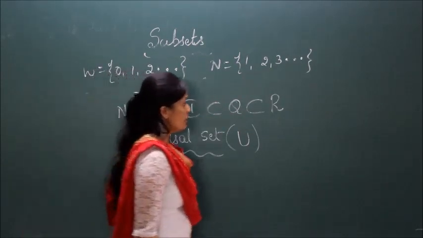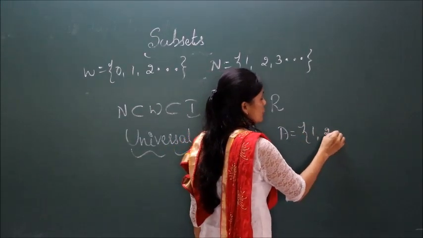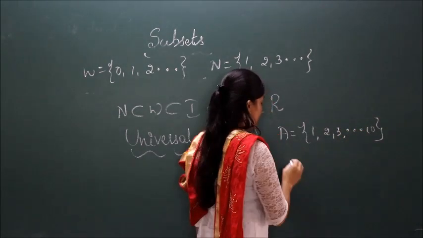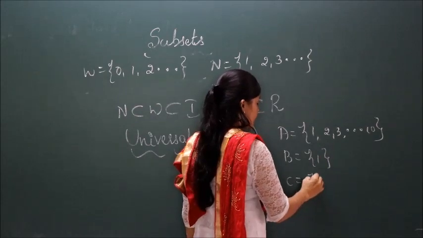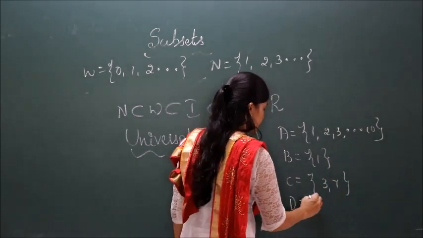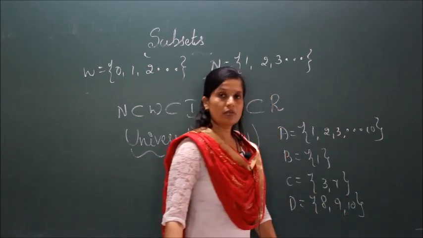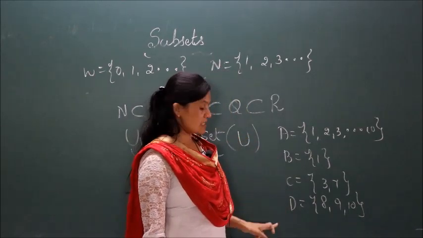So for example, you can give another example. Suppose set A is 1, 2, 3 up to 10. And B is one set, C is another set, and D is some other set. See here, look into these three sets.